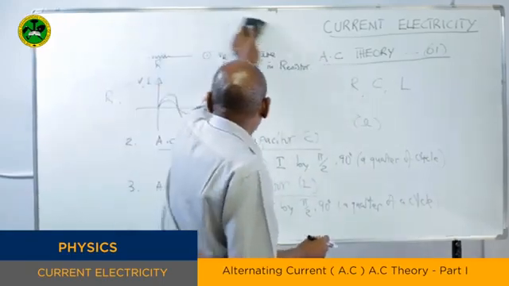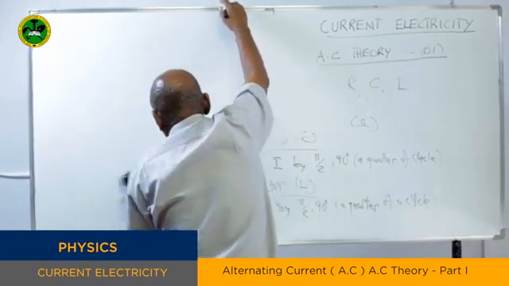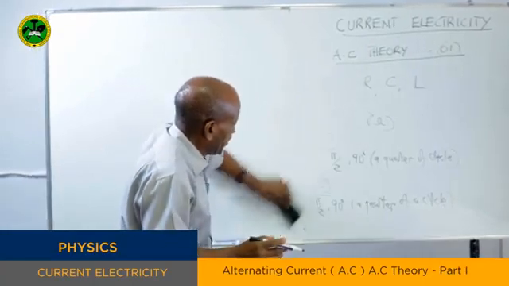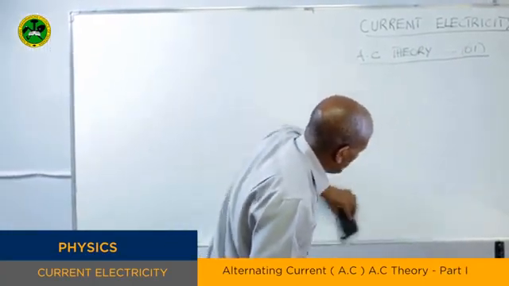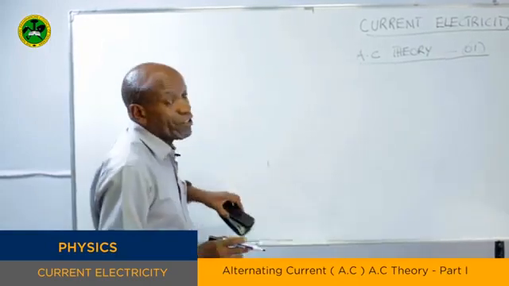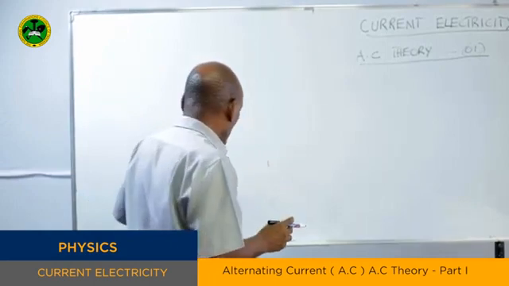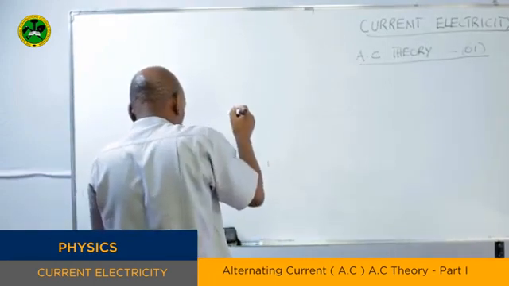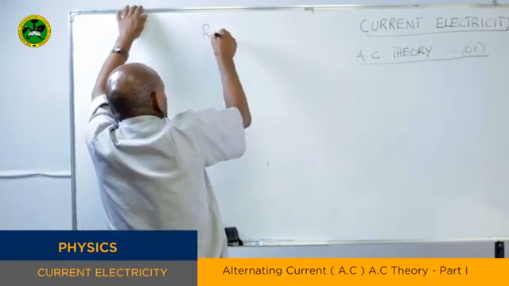For a resistor it's very easy because we had been dealing with resistance even in O level. But here comes what we call reactance, which is obtained in an inductor or in a capacitor.